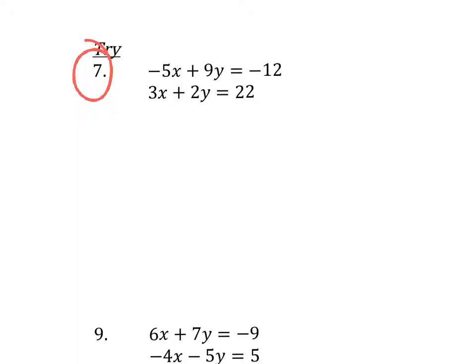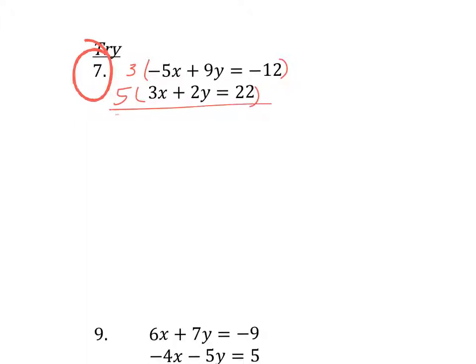All right, so on 7, nothing I can multiply just one equation by. So I have to multiply both equations. So the x's I can make into 15 and negative 15. The y's I can make into 18 and negative 18. I'll go ahead and do x's since they're already positive negative. So that would mean I would multiply the top equation by 3 and the bottom equation by 5.